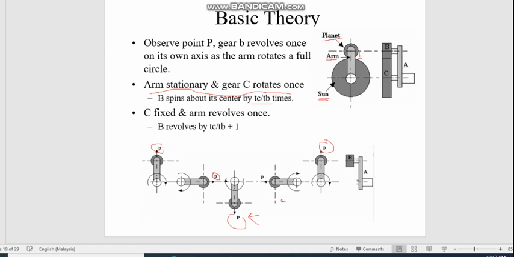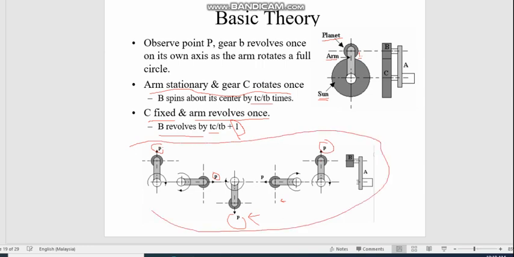So if C is fixed, right, and the arm revolves once, then B will revolve Tc over Tb plus 1. The reason why you have a plus 1 is because of this reason, you know.